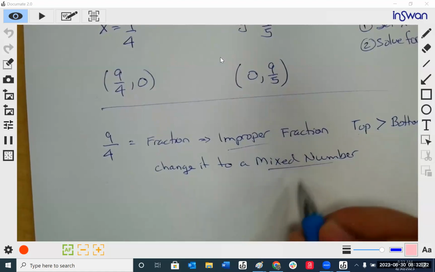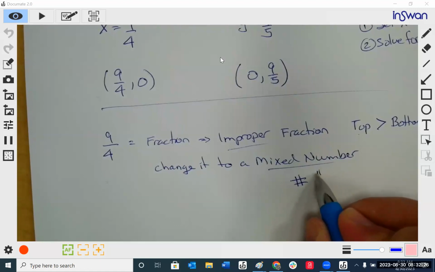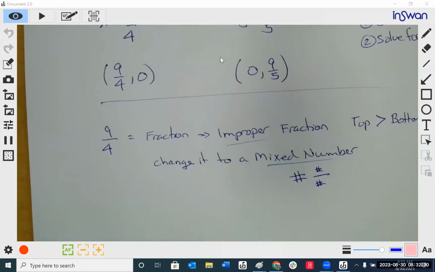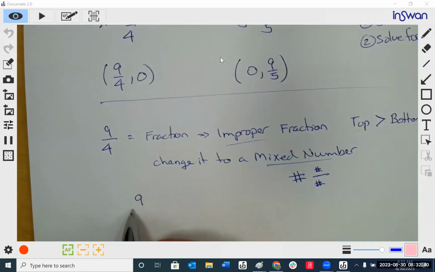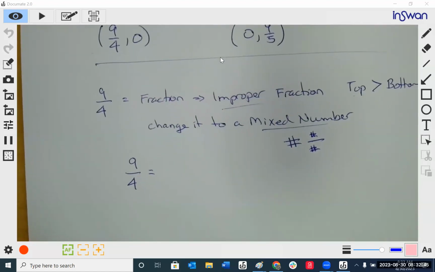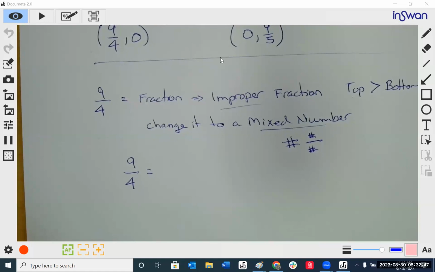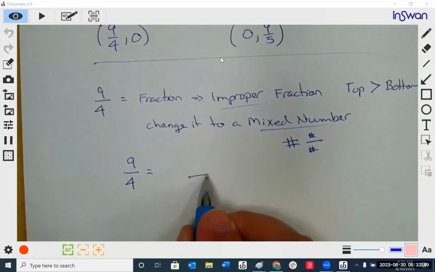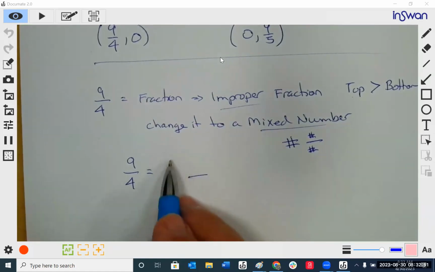A mixed number has a number in front and then a fraction. So we're going to have our integer here.